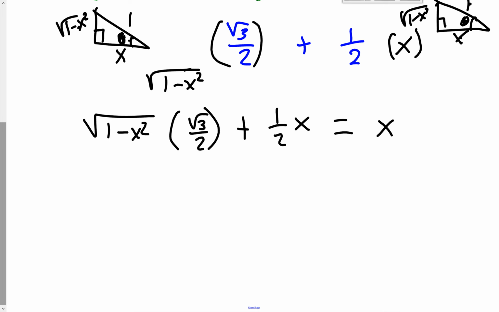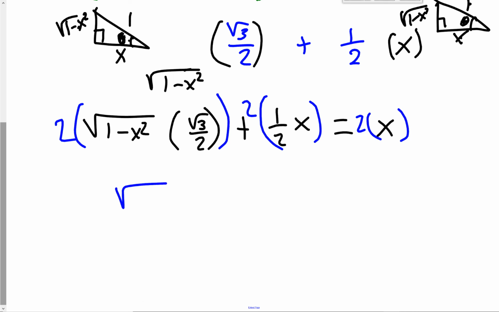So we can get our x's to one side first. Maybe just multiply everything by 2, so we can get rid of those fractions, right? Because these would cancel, and then these would cancel.